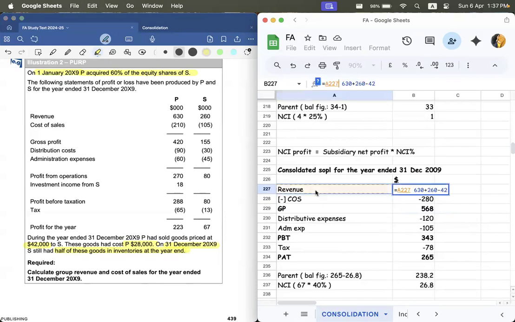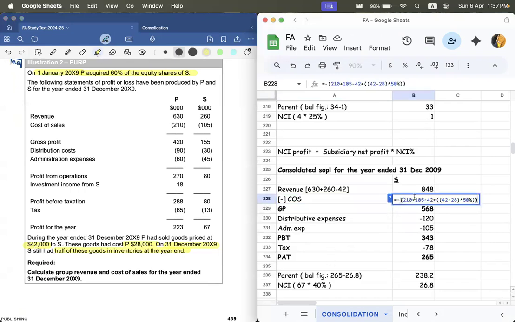For revenue, you take the 630 plus 260 minus the IGS. For the cost of sales as well, you do the same.